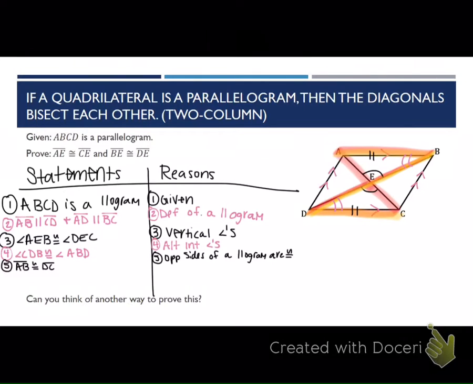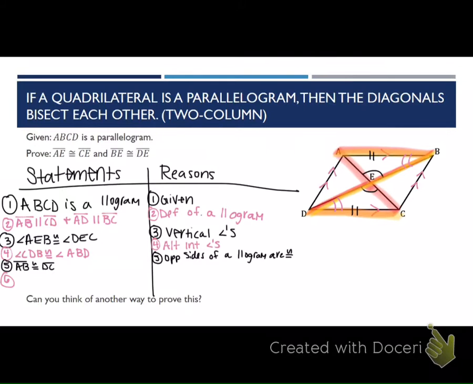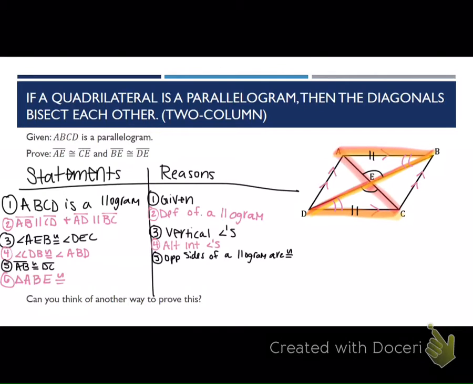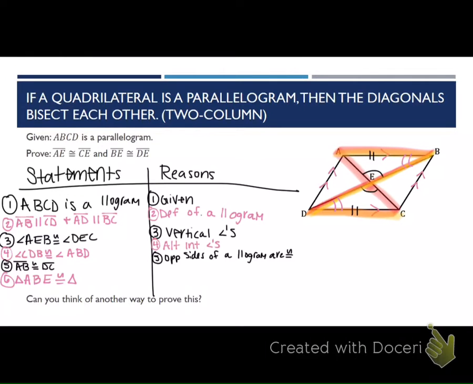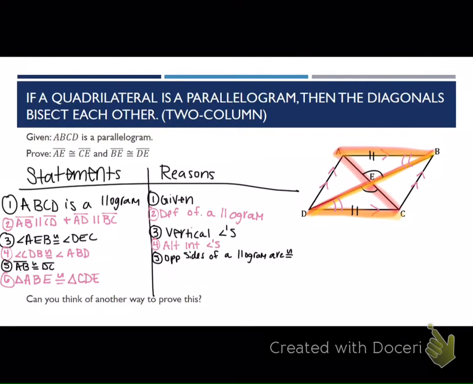So that is angle, angle, side that those two triangles are congruent by. So we can say triangle ABE is congruent to triangle, so I have to follow the right thing. The unmarked angle is C in this one. CDE by angle, angle, side.